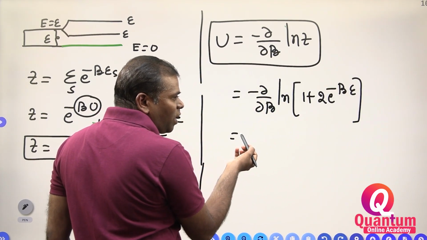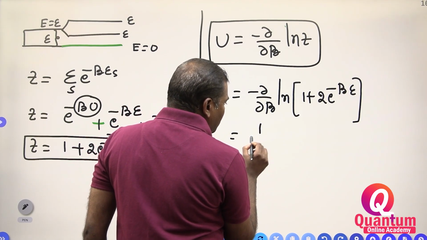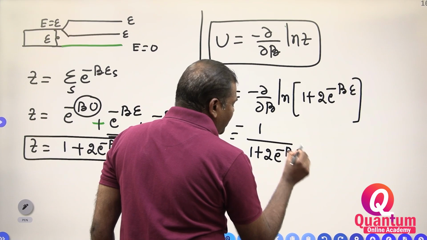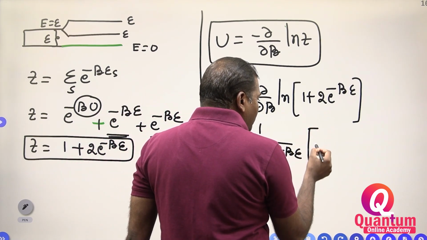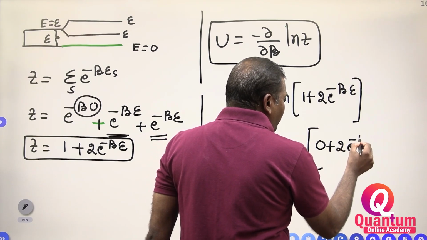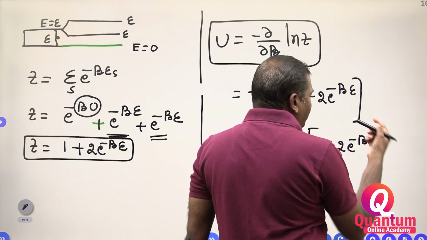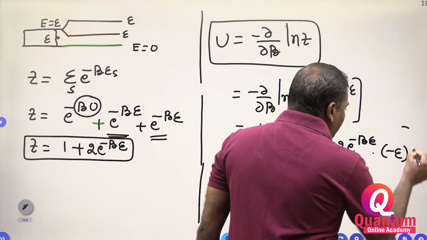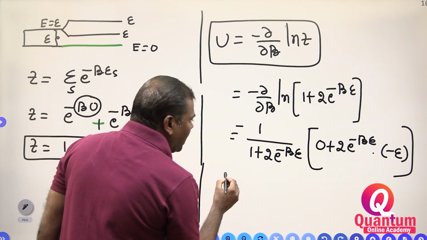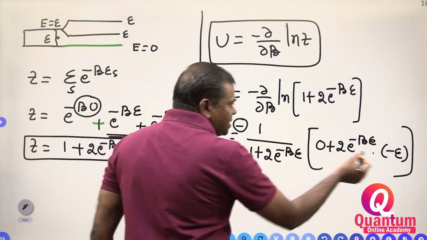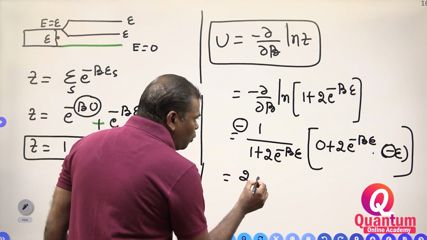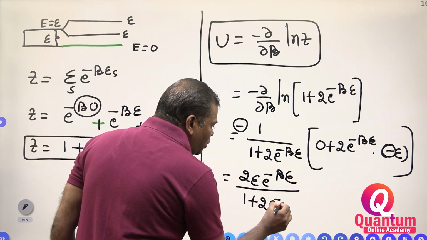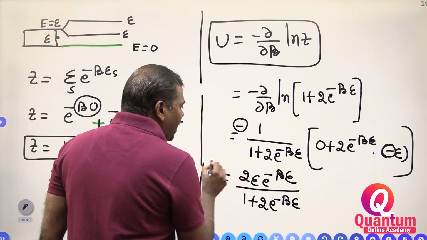Dou by dou beta of ln Z gives 1 by Z, so here we write 1 by 1 plus 2 e to the power of minus beta E. Again differentiate: 0 plus 2 e to the power of minus beta E, and differentiating with respect to beta gives a factor of minus E. Minus into minus is plus. So U is equal to 2E e to the power of minus beta E divided by 1 plus 2 e to the power of minus beta E.